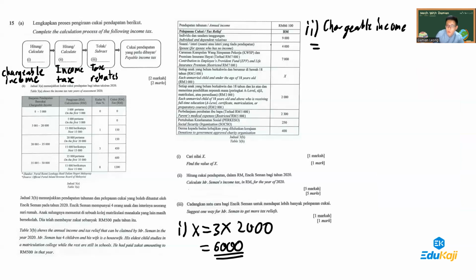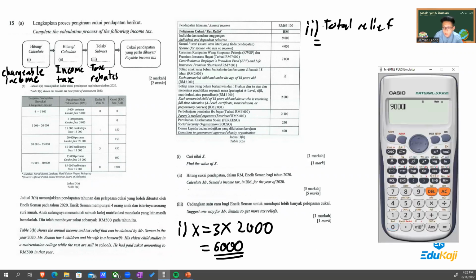Actually, let's count the total relief first. Total relief is 9,000 plus 4,000 plus 7,000 plus X, which is 6,000, plus 2,000 plus 2,300 plus 250 plus 400.